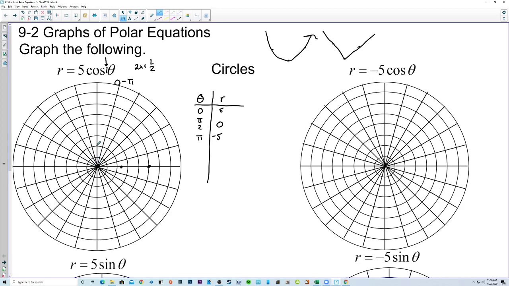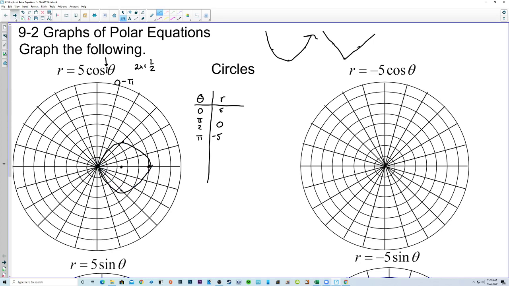Now if we go up 2.5 and go straight over to about right there, there's half of the circle, like that. And then 2.5 down to here, this should be the other half of the circle. That should be a nice circle.